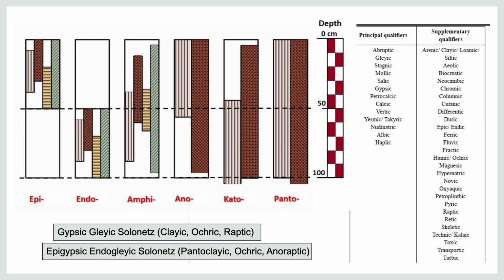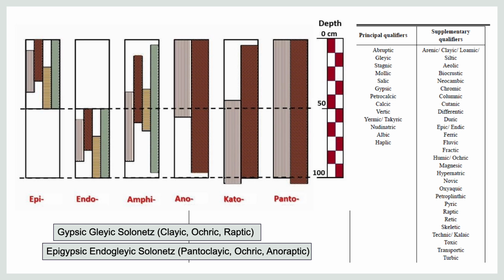And we also have the term panto. Panto is when you have the total thickness of the soil fulfilling a specific diagnostic horizon or a diagnostic property. So between 0 and 100, or even after 100, we find one specific diagnostic property or diagnostic horizon. And as I said, you can edit this soil classification according to these terms.